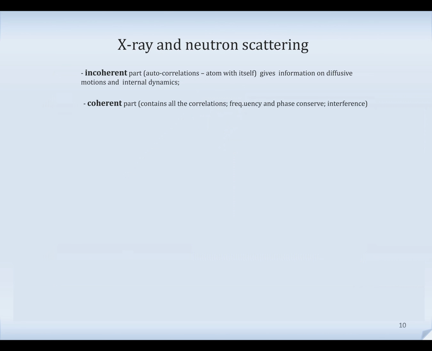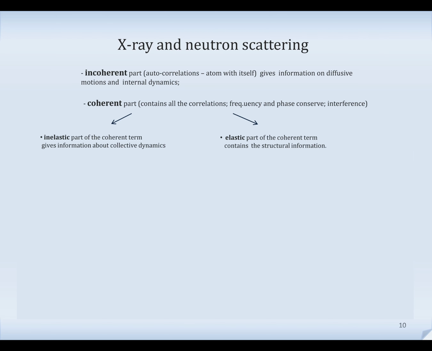So what about scattering? During this process of interaction of X-rays or neutrons with matter, we have several options. It can be incoherent scattering or coherent, and coherent can be inelastic and elastic.